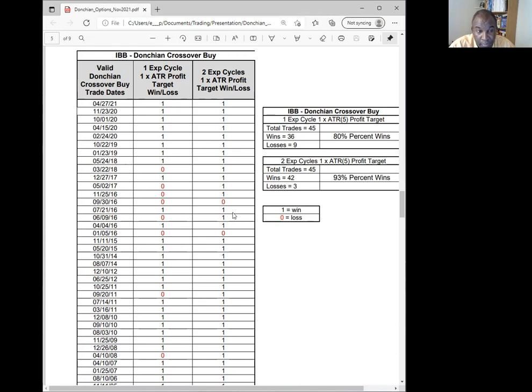And when you run all your numbers, sure, you have a lower upfront cost going one expiration cycle out because the options are cheaper, but you have a whole bunch more losses. And for every one loss you have, it takes 3 to 5 or more wins to make up for it, probably 4 to 6 wins, because you don't know how much you're going to actually make on an option trade. So you need to think about that too.